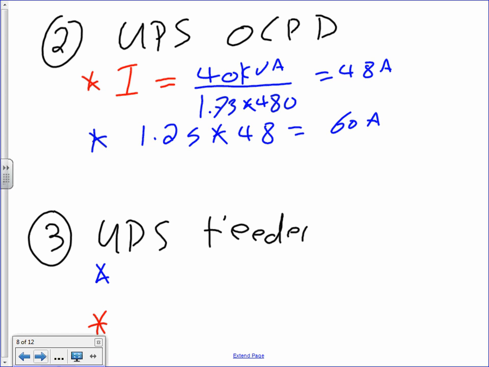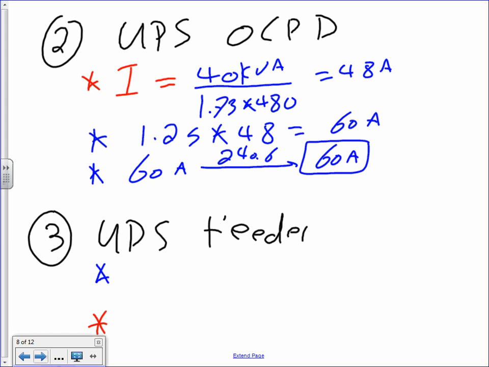And then you take your 60 amps to the same table, 310.15 B16 under the 75-degree column, and I'm wrong. Take it to 240.6. We're sizing the overcurrent protection device, and you go to the 60 amps.